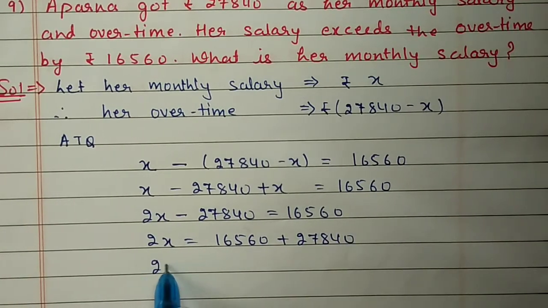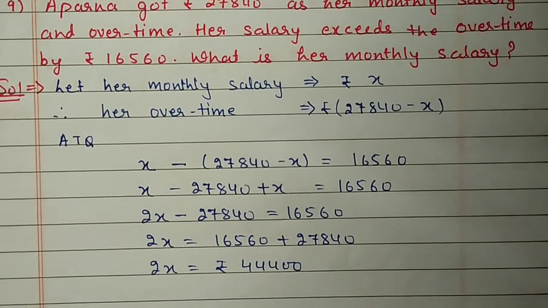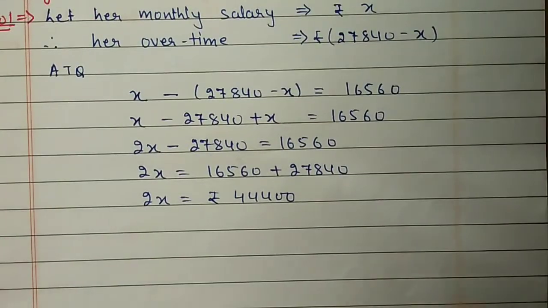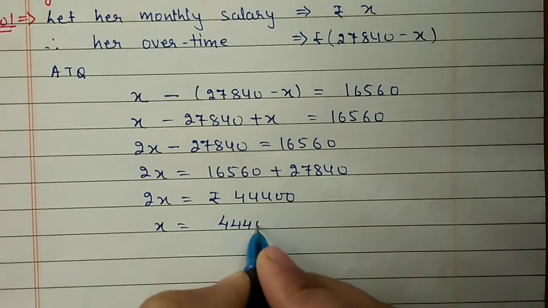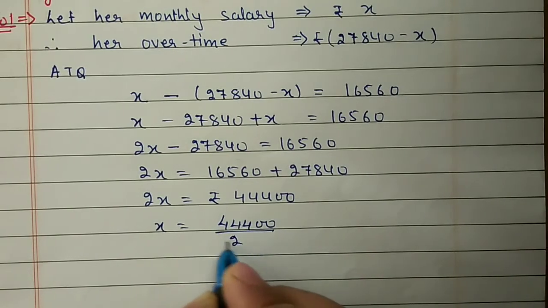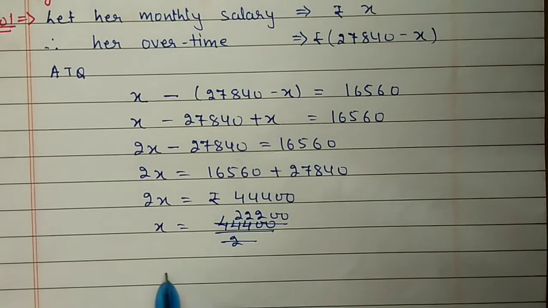And after addition we will get 44,400 rupees. So 2 also we can shift to the other side. After cancellation we'll get 22,200.